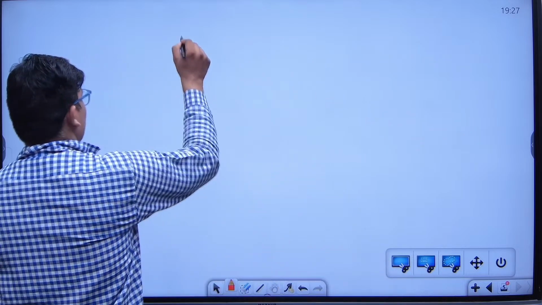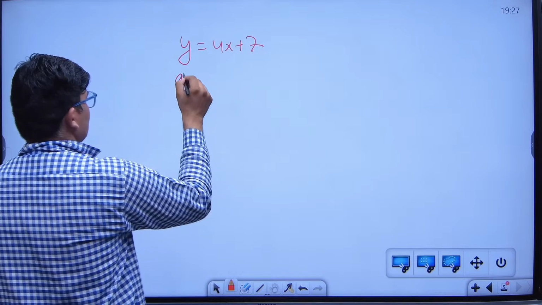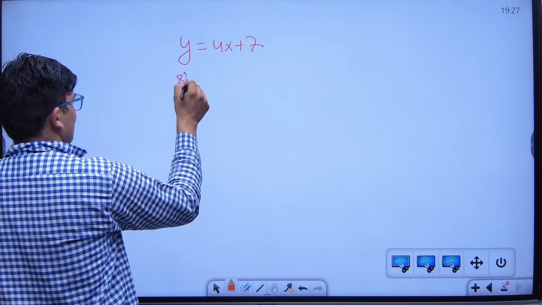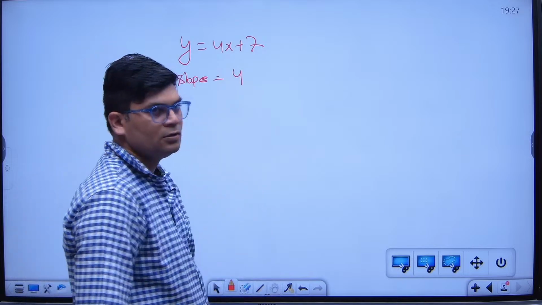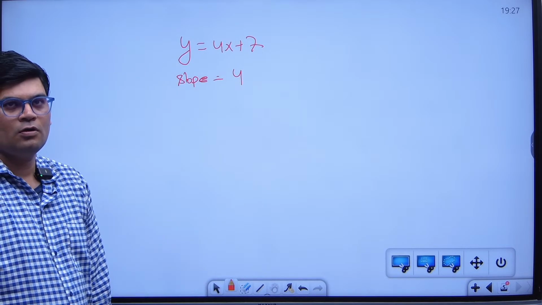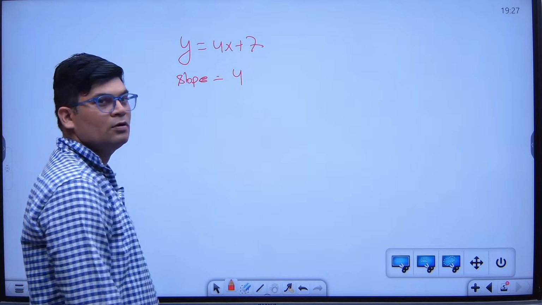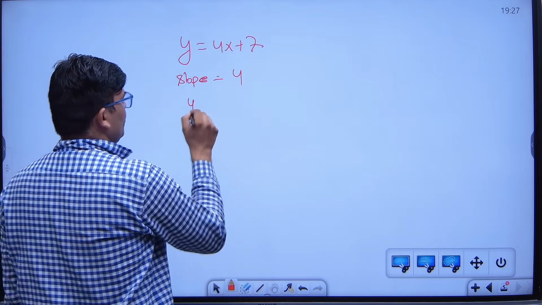So I am giving you a graph y is equal to 4x plus 7. Can you tell me what is the slope of the graph? 4, yes. Can you tell me what is the slope of this graph?